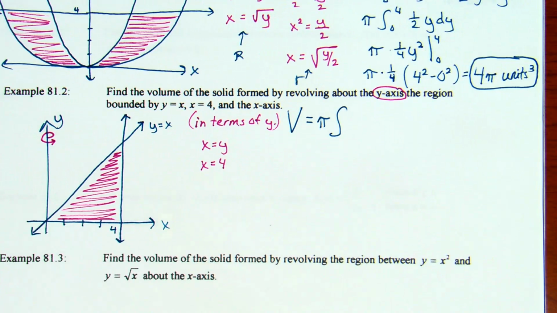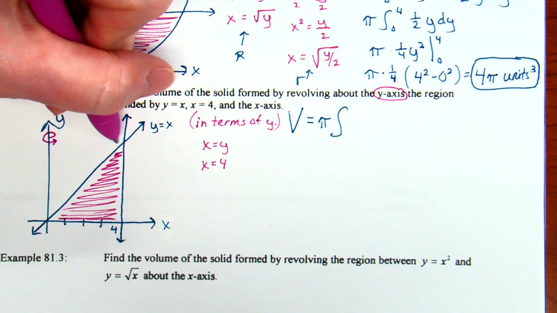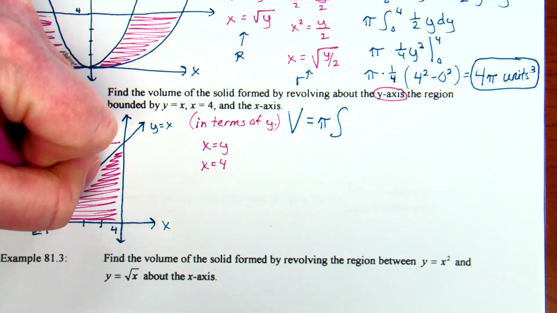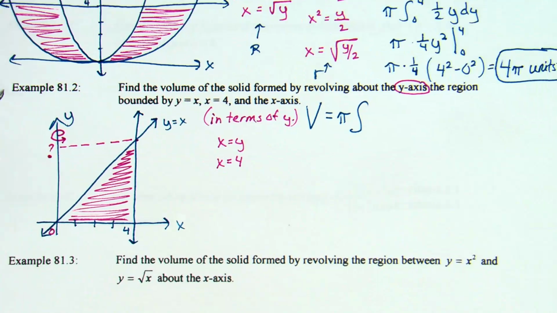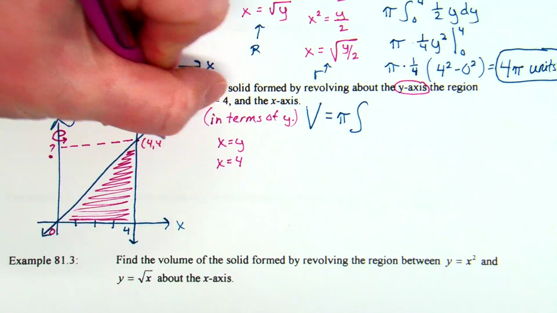We need this in terms of y, so we know the 0 down here, but we need to know the point right there. Since y equals x, it's 0, 0, 1, 1, 2, 2, 3, 3, 4, 4. So what values are we going to use? 0 to 4.